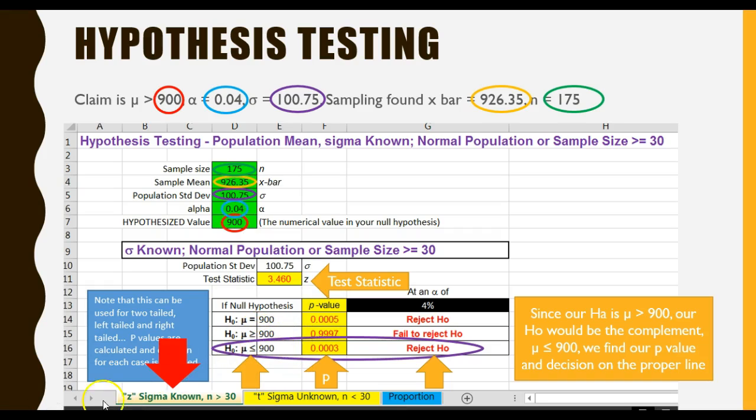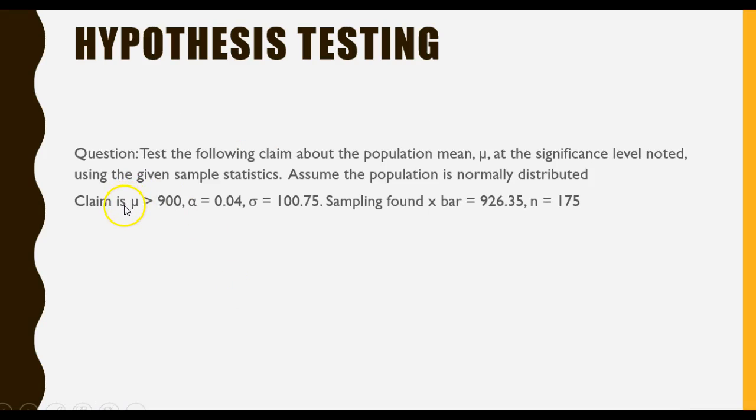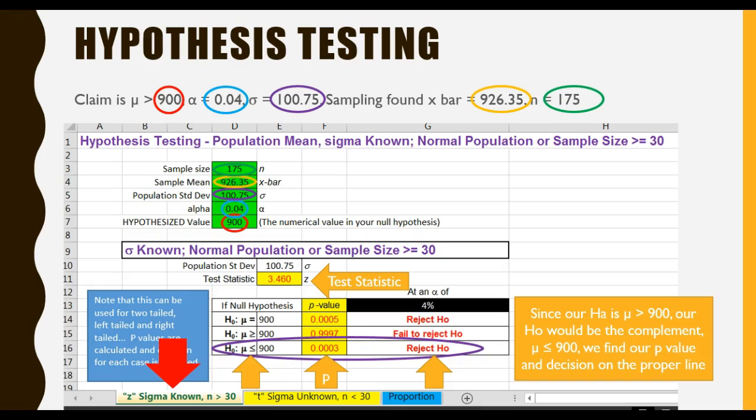So you have to understand that, all right, with a claim that the mean is greater than 900, the complement of that is that it's less than or equal to. So the claim in this case is the alternative hypothesis. The null hypothesis would be that it's less than or equal to. So I'm looking right down here at the mean being less than or equal to 900.